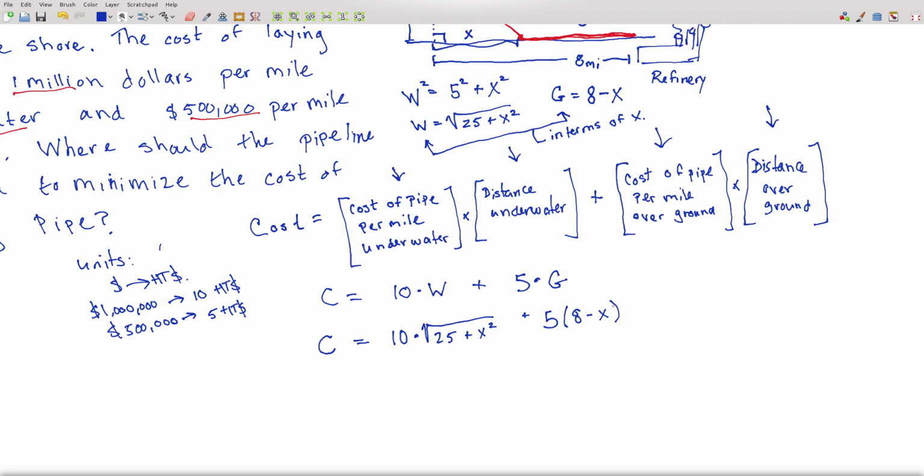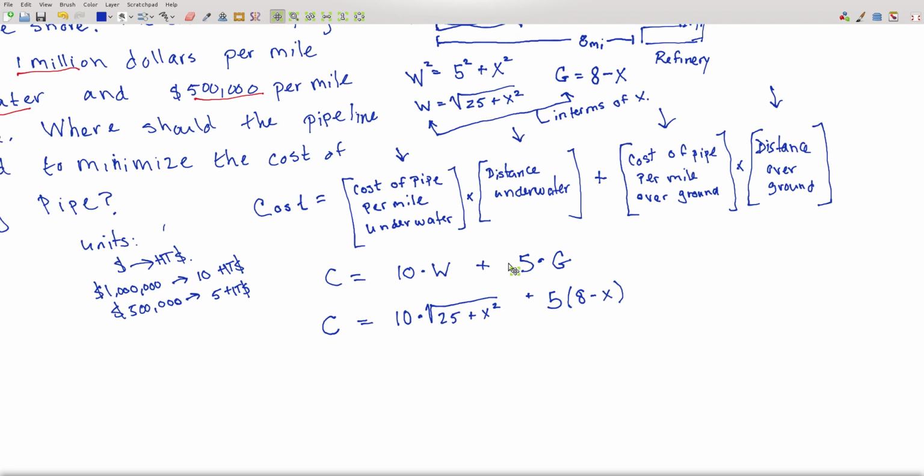And this is fantastic, because I've gone from writing it all out in words, which shows the relationship between all the important parts, to choosing some symbols to stand for some of those parts so that I could get going, and then rewriting all of those symbols in terms of a common variable. In this case, it's x. And at this point, I actually have a function.